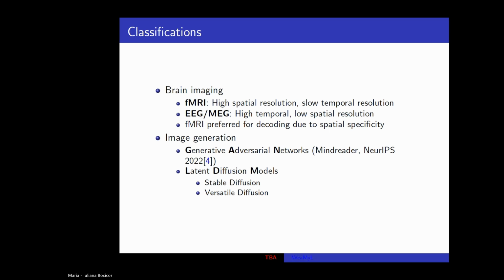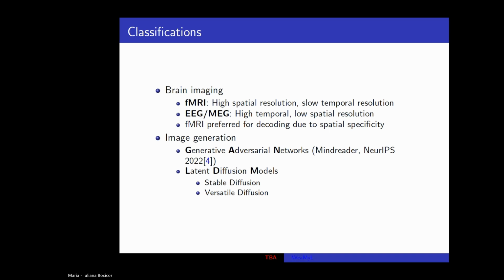Although EEG is the most flexible one, being only a helmet, it doesn't have the spatial resolution that fMRI has. So that's why most studies focus on fMRI, and I also chose to focus on this technique in my experiments.